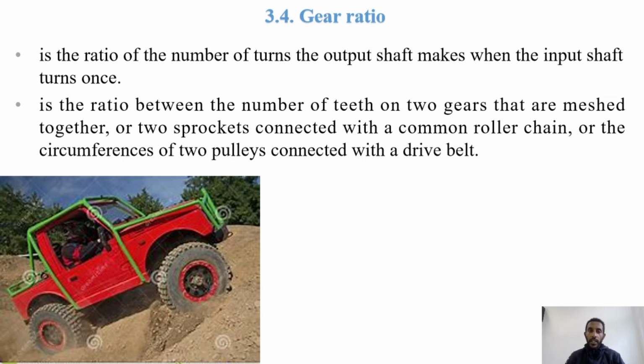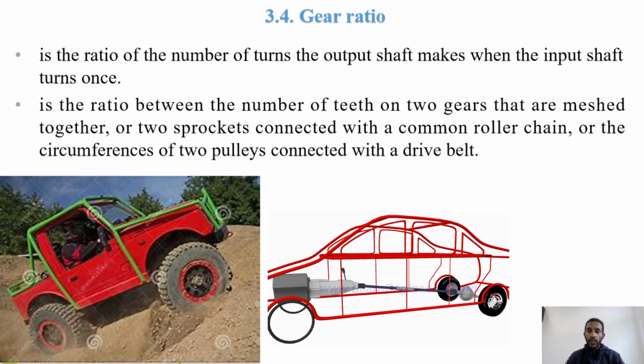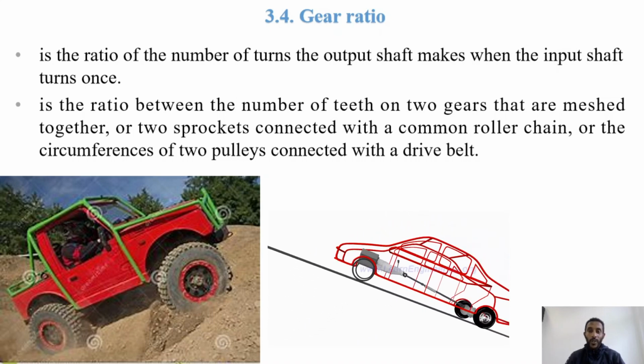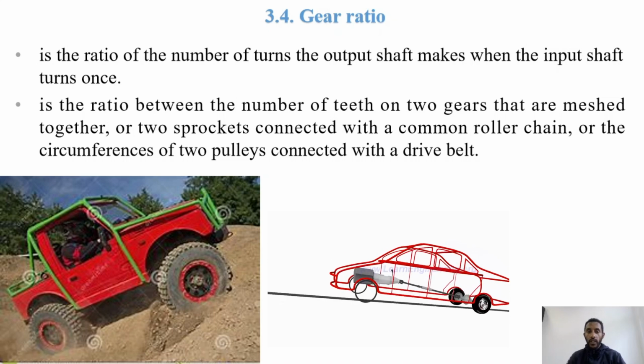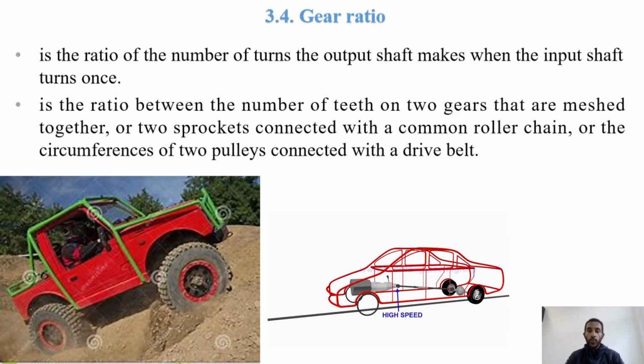So gear ratio is simply the ratio of the number of turns the output shaft makes when the input shaft is turned. We call this one speed ratio, yeah? And again, gear ratio is the ratio between the number of teeth on the two gears meshed together, or two sprockets connected with a common roller chain, or the circumference of two pulleys.